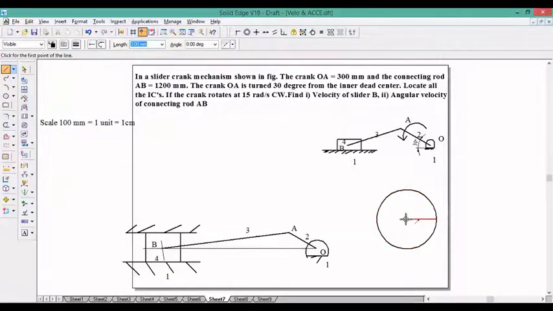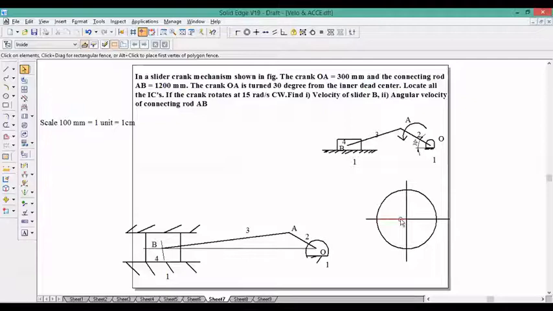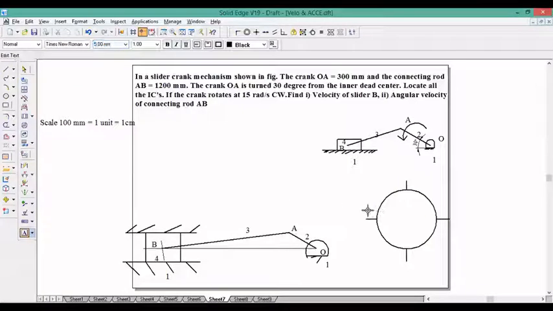Since we have 4 links, I'll divide the circle into 4 divisions and number the divisions in a clockwise direction. This is 1, 2, 3, and 4.